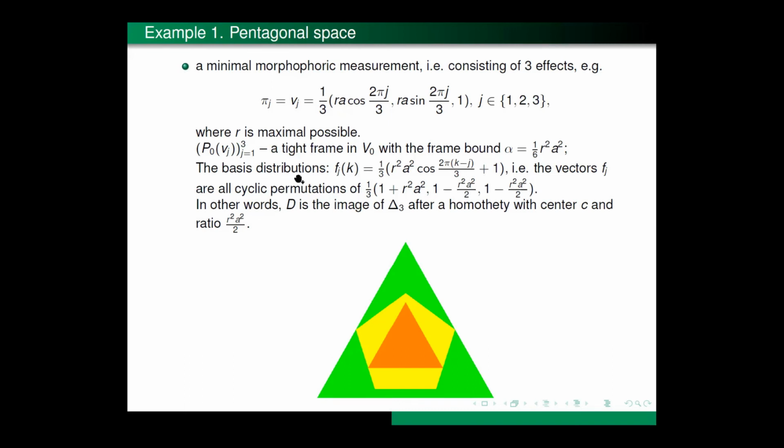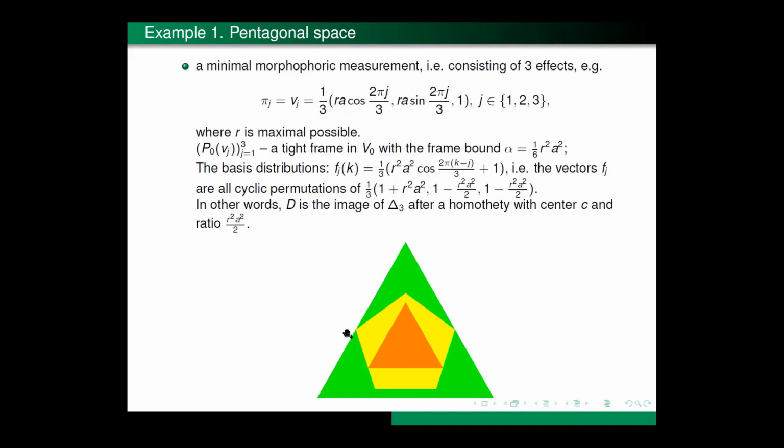So we can calculate the basis distributions, and now because this measurement has 3 effects, we map state space B into the two-dimensional simplex, so it is easy to draw.